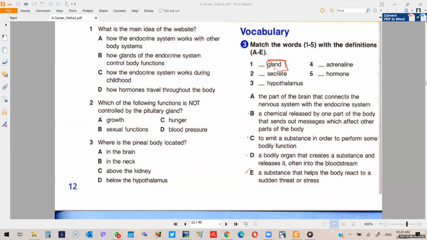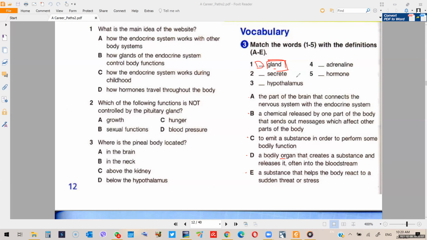So what is a gland? It is number D. It is a bodily organ that creates a substance and releases it, often into the bloodstream. So a gland is an organ that creates a substance and releases it into the bloodstream, often. Okay. Number 2, secrete.